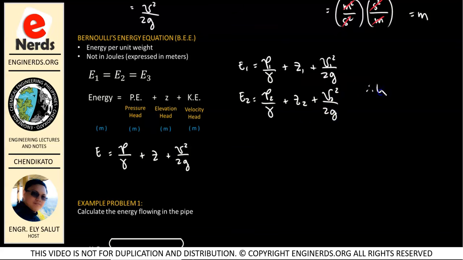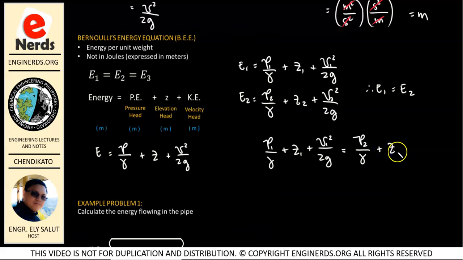So since energy at point 1 is equal to energy at point 2, that means we have pressure at point 1 over unit weight plus elevation head at point 1 plus velocity at point 1 squared over 2G. So this is equal to pressure at point 2 over the unit weight plus the elevation head at point 2 plus velocity squared at point 2 over 2G.